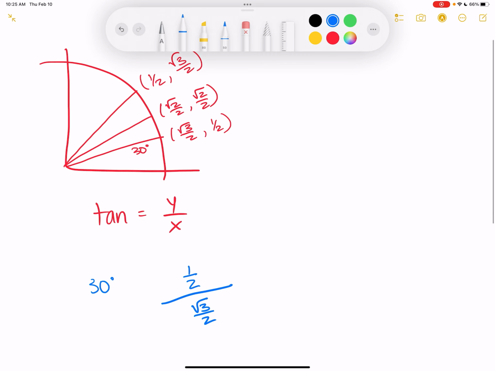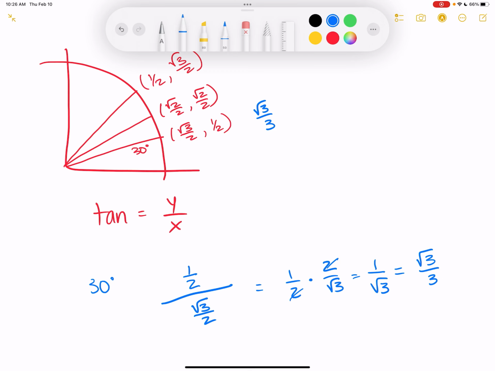So this is now 1/2 times 2 over the square root of 3. The 2's cancel, leaving 1 over the square root of 3. We can't leave radicals on the bottom, so we multiply by root 3 over root 3, leaving root 3 over 3. So the tangent value is root 3 over 3.